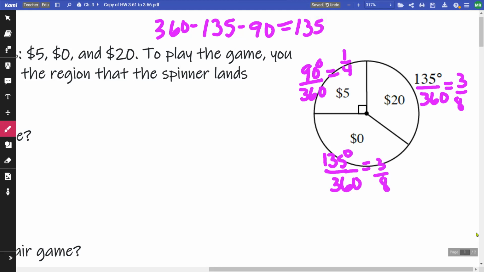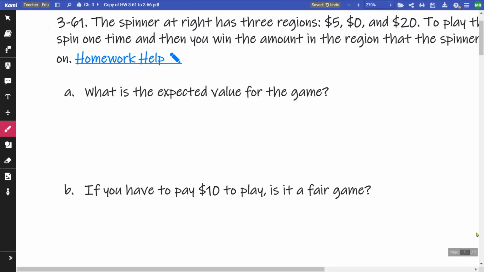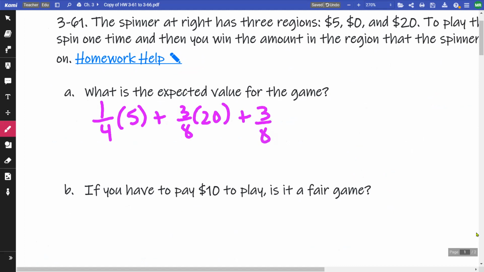So when you're trying to find expected value, you're going to take the probability for that particular amount times the amount. So I'm going to take 1/4 times $5 plus 3/8 times $20 plus 3/8 times $0. And I'm going to work that out.